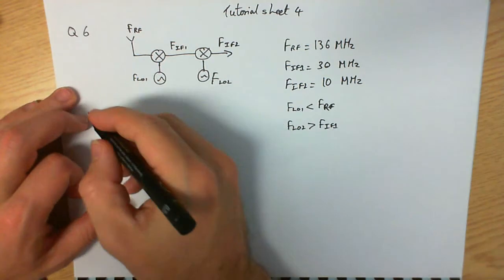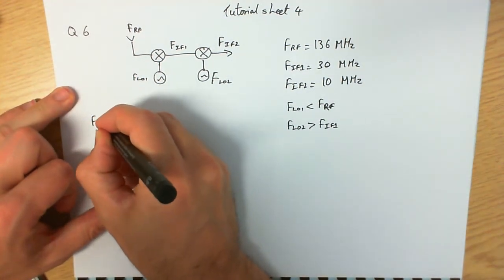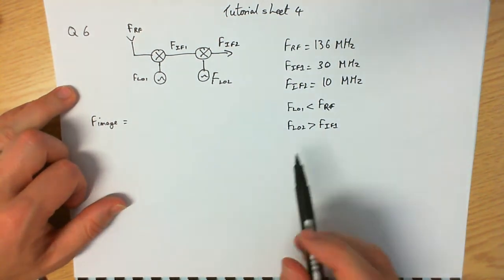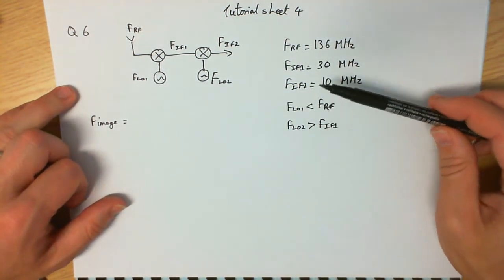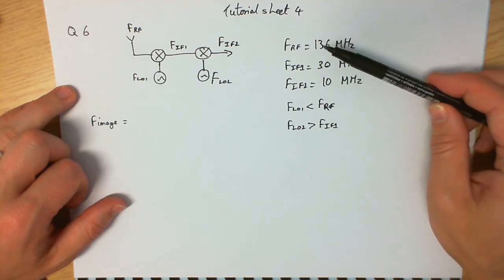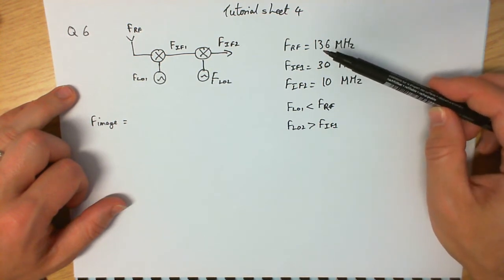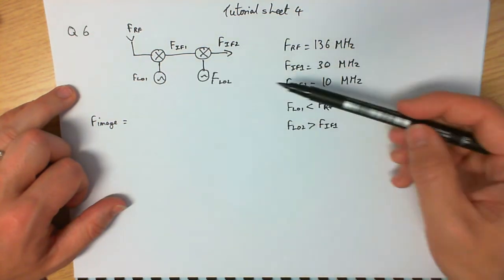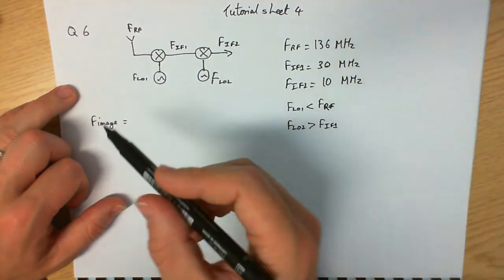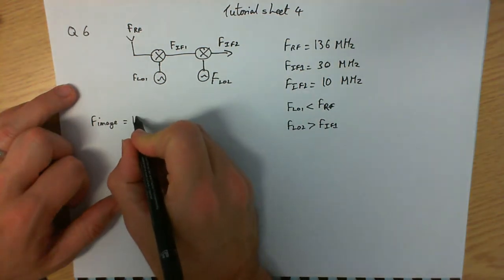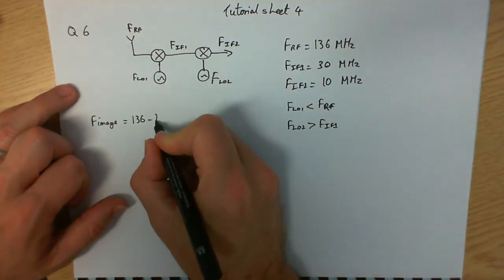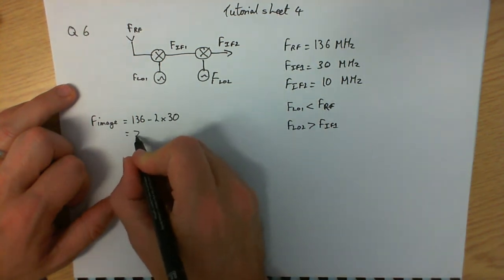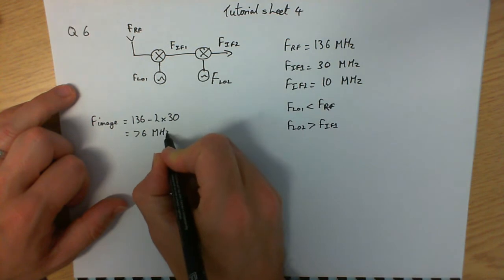So our first image frequency is going to be twice the IF below our RF frequency, because it's going to mix with the local oscillator to produce something that is at 30 megahertz. So it's going to be 136 minus 2 times 30, which is equal to 76 megahertz.